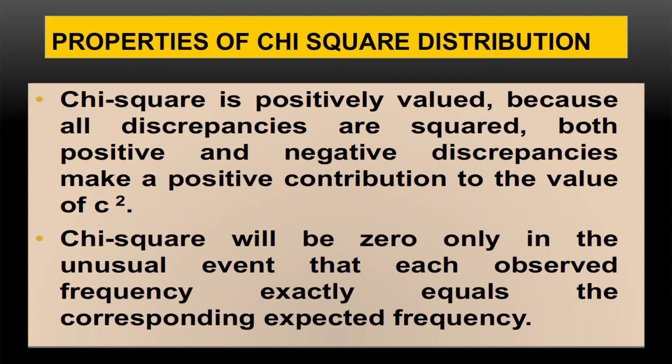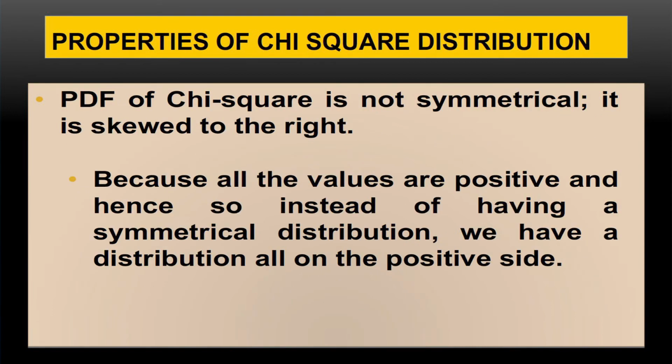2. Chi-square will be 0 only in the unusual event that each observed frequency exactly equals the corresponding expected frequency. 3.